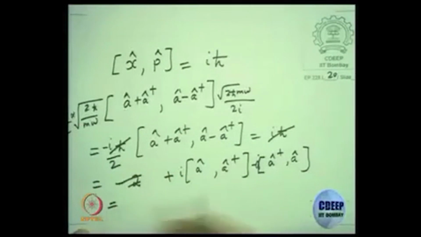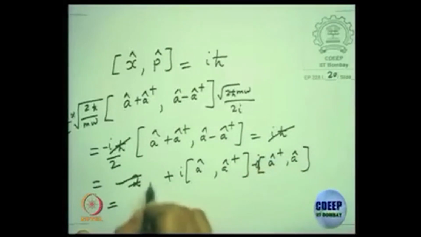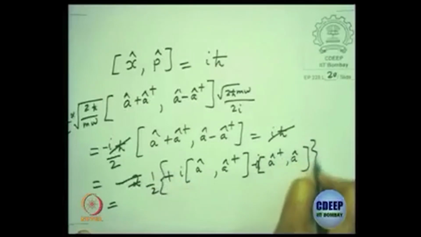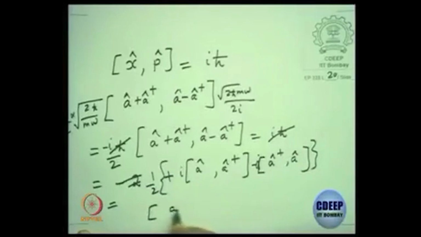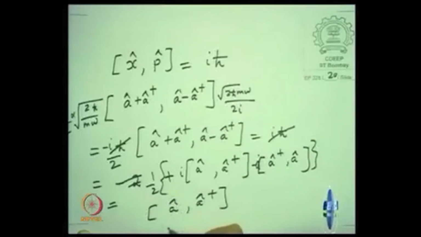And this turns out to be the same as this one with the opposite sign. So it becomes, there is a 1 by 2 here. So that gives you A dagger, the 2 cancels. The i also cancels, right?